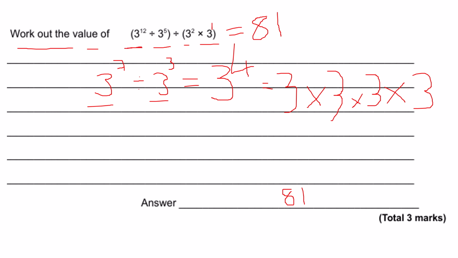Okay, remember that when you divide with the same base, number, or term, you subtract the powers, indices, or exponents. So these are what I call your indices. When I multiply with the same base, I add the powers. And then when it's a power to another power in a bracket, then obviously I times them. Then a power of 0 is 1, and then a negative index makes it 1 over.